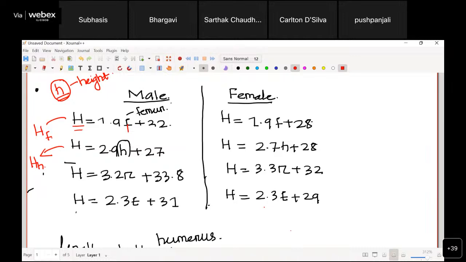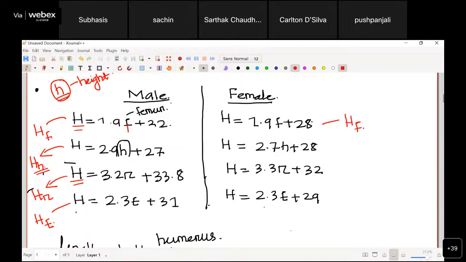Yes, sir. So as you can see, this h is a function of f, this h is a function of small s, this h is a function of r, and this h is a function of t, so this is h of t. Similarly, this is for male and similarly for female.